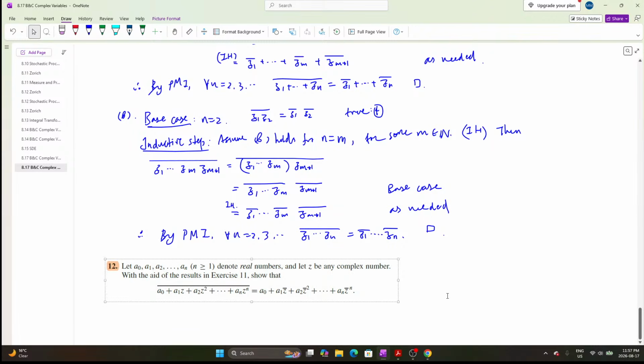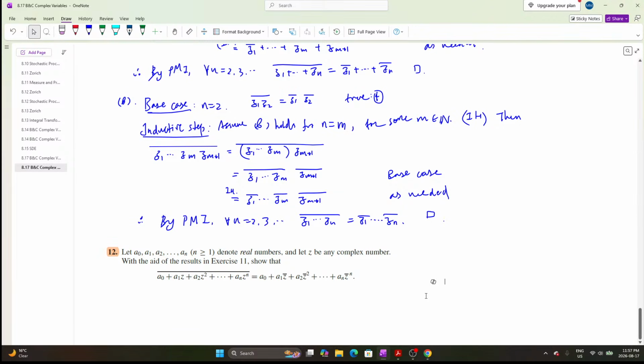So yeah, this is equation 12. This is a classic result in algebra. Basically, this tells us that the roots of polynomials with real coefficients must appear in complex conjugate pairs. What does that mean?